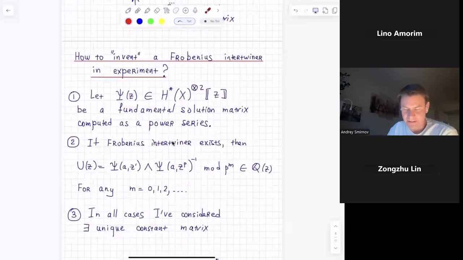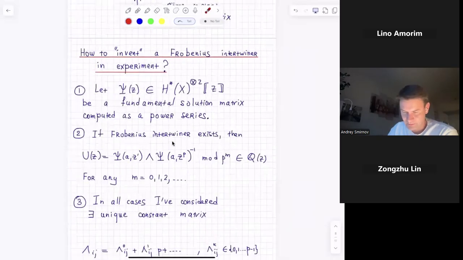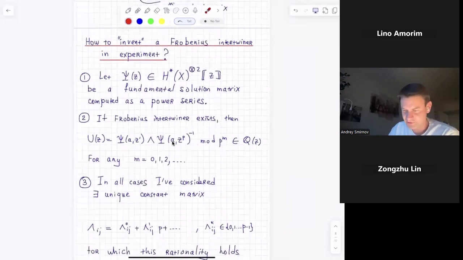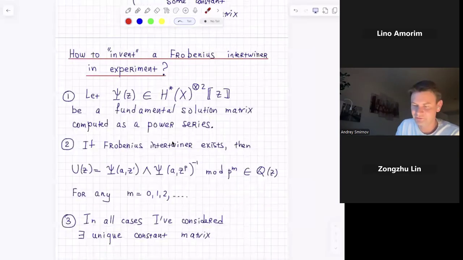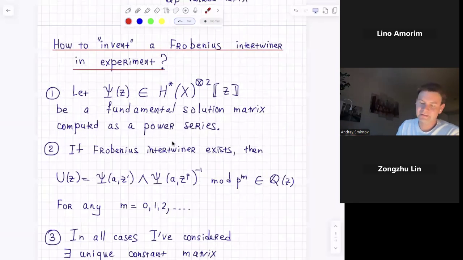All right. So I gave you a definition of this Frobenius intertwiner, but you can ask, how would you compute a Frobenius intertwiner by hand? For example, starting from some experiment, maybe you want to consider the quantum cohomology of projective space and compute by hand the Frobenius transformation matrix. Well, you can do it as follows.